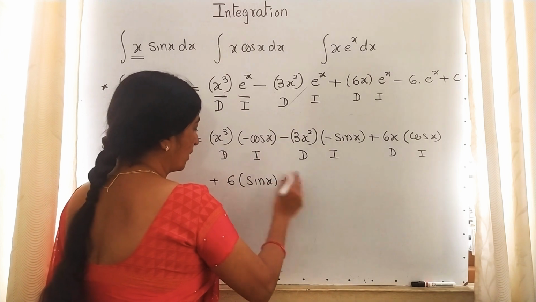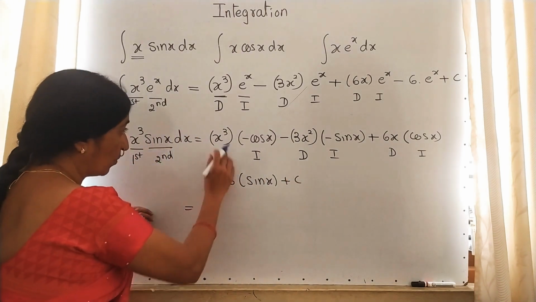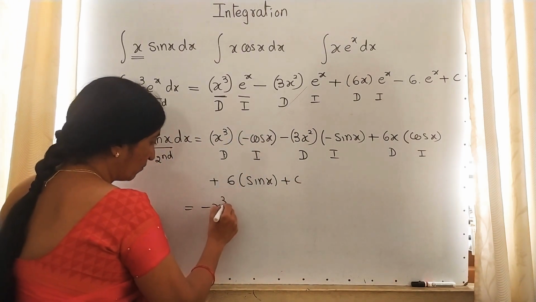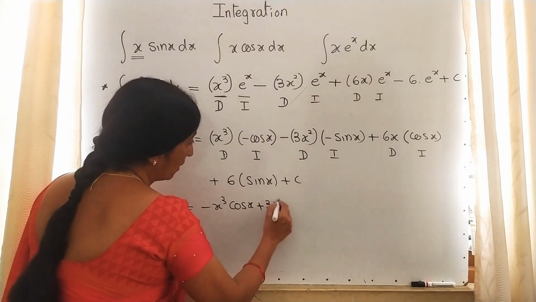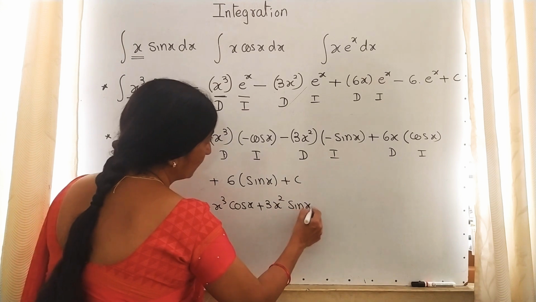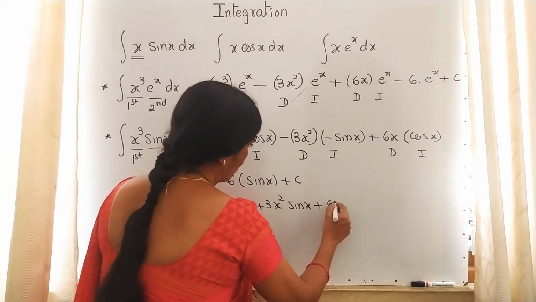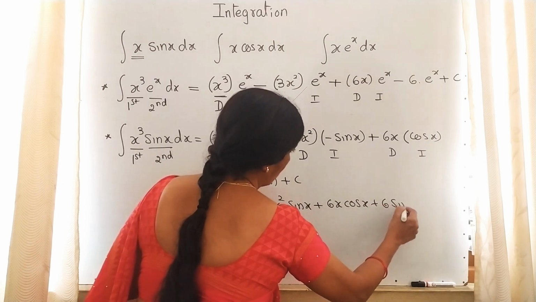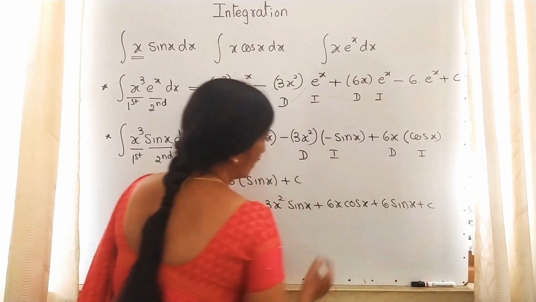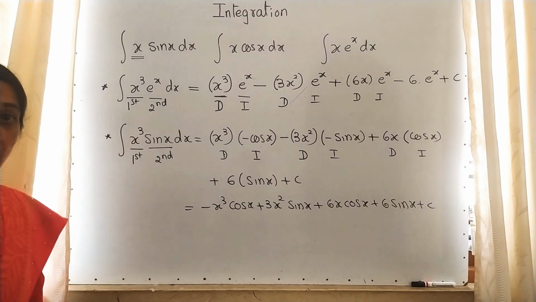Next is not there because differentiation of 6 is 0. Now I am combining this. It is minus x cube into cos x plus 3x square into sin x plus 6x into cos x plus 6 into sin x plus c. See, is the trick very simple or what?